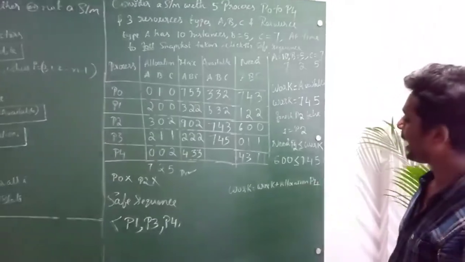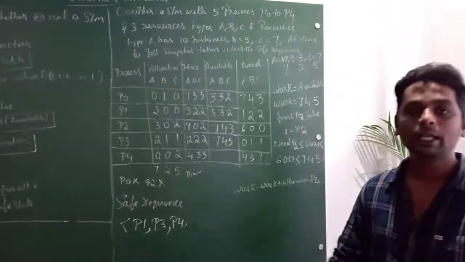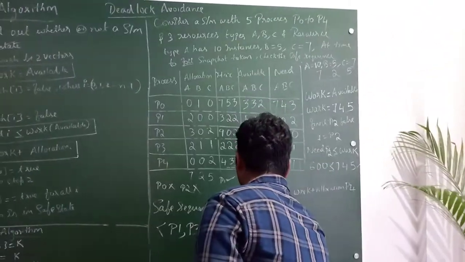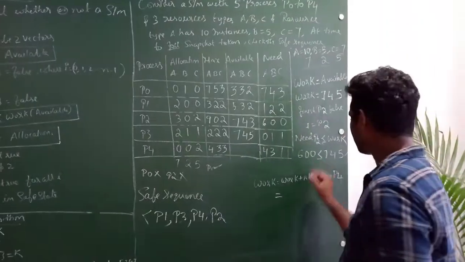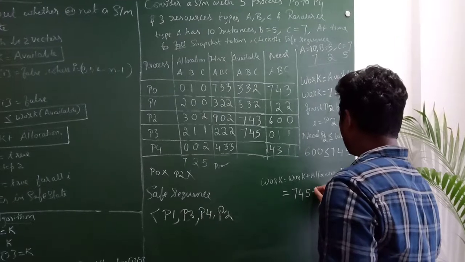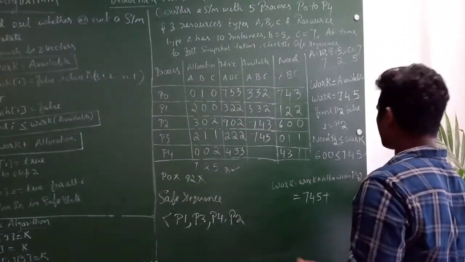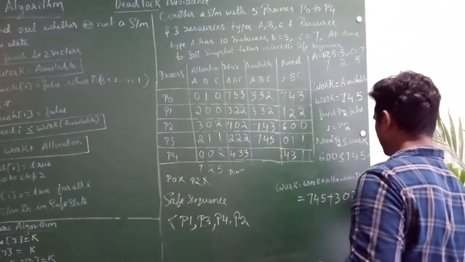Means now P2 can execute after P1, P3, P4 release the resources. So the next process to execute is P2. Once it executes, it releases the resources. What was your work? 745. Allocation of P4. Allocation of P2 is 302.